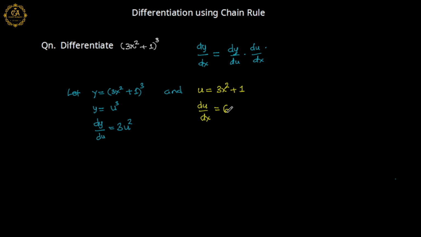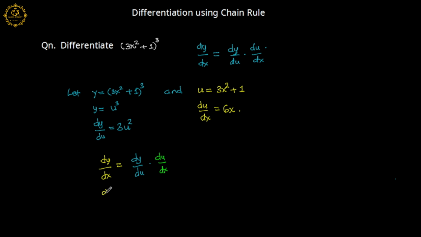So we can go ahead and combine using our chain rule, which says dy/dx equals dy/du times du/dx. So we can do these replacements.